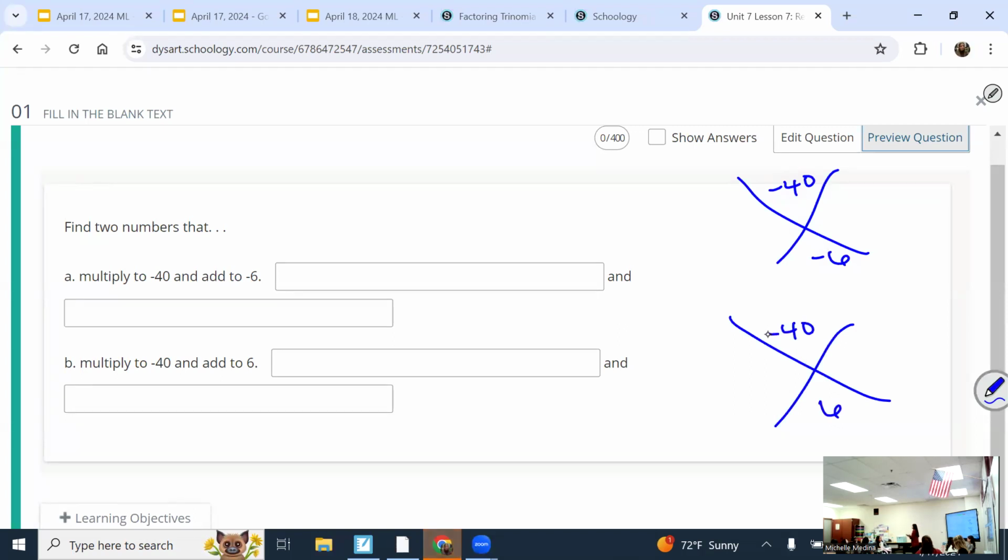So to start out, I think a good method would be to just list a bunch of numbers that multiply to 40 and just see which ones are possible that could give you a 6 when you add or subtract. Let's see. So I just always go down the list, like starting at 1 times 40, 2 times 20. I don't think 40 is divisible by 3, but I'll still check.